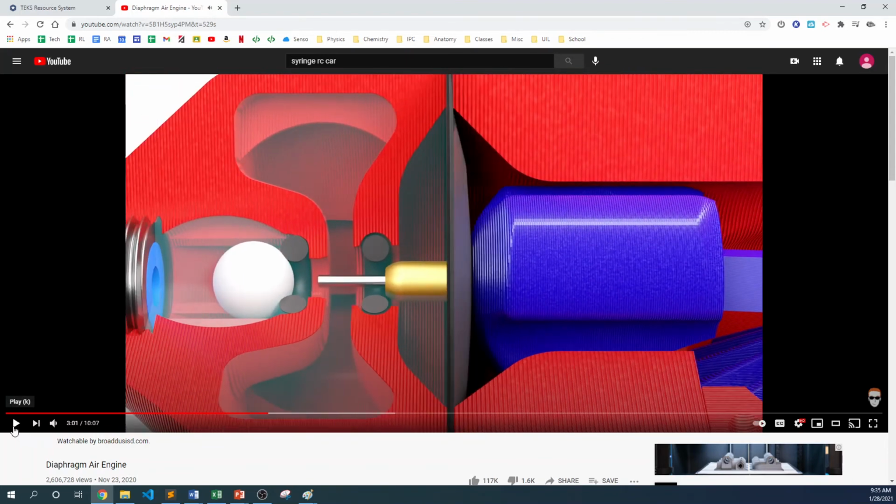But there's frictional forces, so eventually the propeller will come to a stop. But this is going to introduce some more torque to it. It's going to push this diaphragm back, which pushes on this gearbox, and the gearbox basically converts linear motion into angular motion, rotational motion.